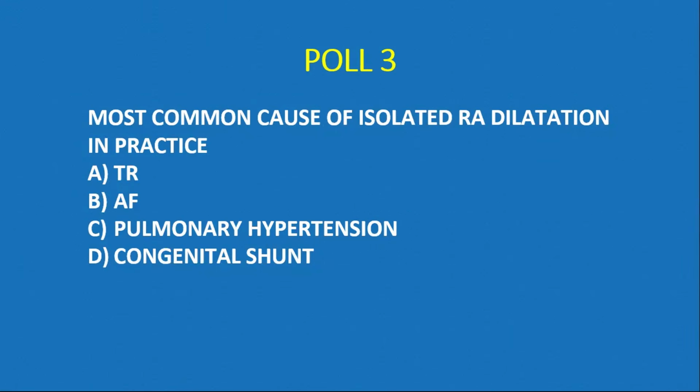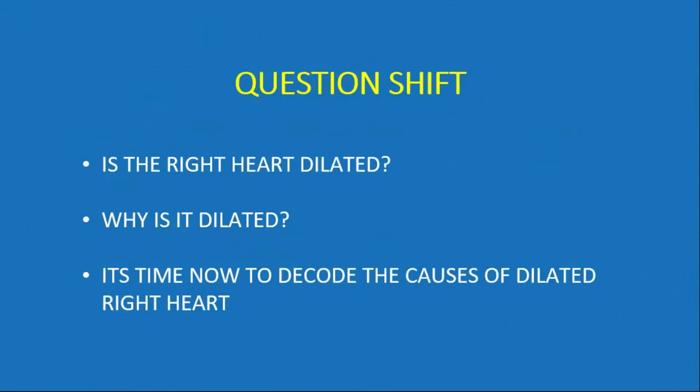Pulmonary hypertension. Do you find it so often as a cause of isolated RA dilatation? Most of the time, TR. TR would be the answer. Yes, correct. Secondary TR, secondary to left heart disease mostly. Tricuspid regurgitation, yes. Good, great.